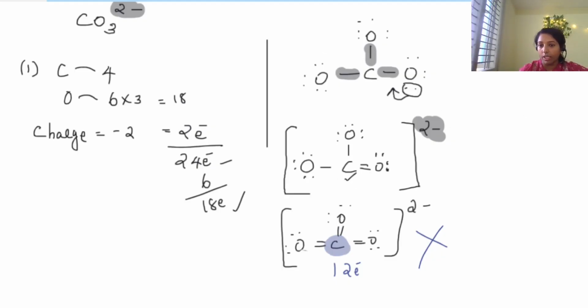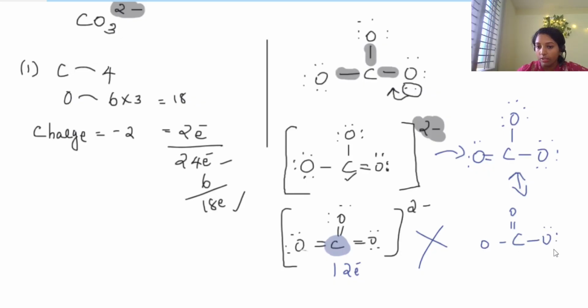So another way, this is possible. Instead of delocalizing this oxygen, here it's a double bond, here it is a single bond, here it is a single bond. And if you want to use the other oxygen, one at a time, that is possible. One more diagram you can write. These are actually what we call resonance structures. Here a double bond, here a single bond; here a double bond, single bond.